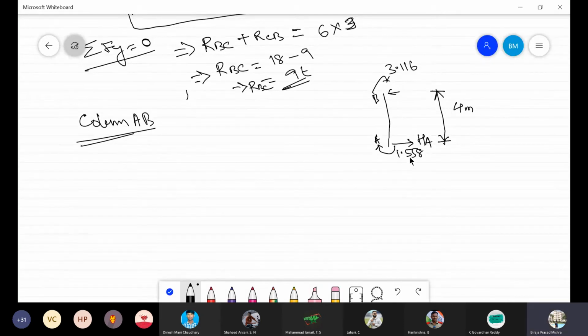Now can we find out HA? Here we don't have any vertical reaction. So if I take moment about B, let's write that in terms of moment.